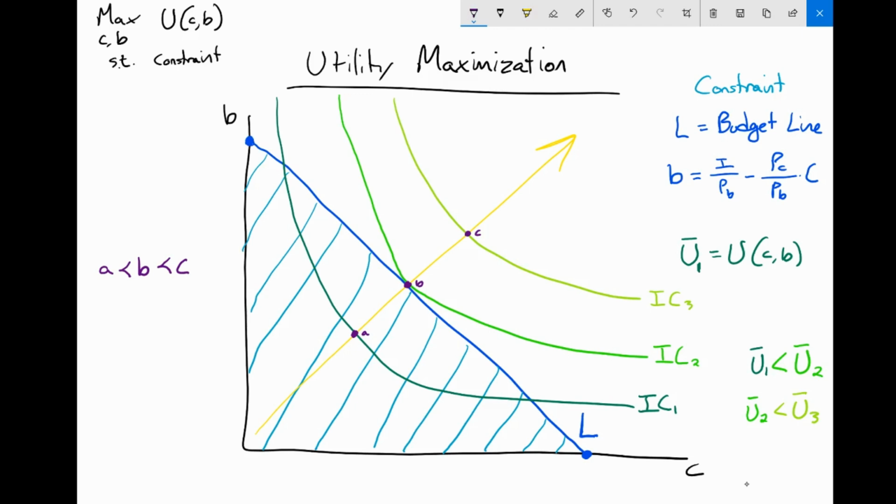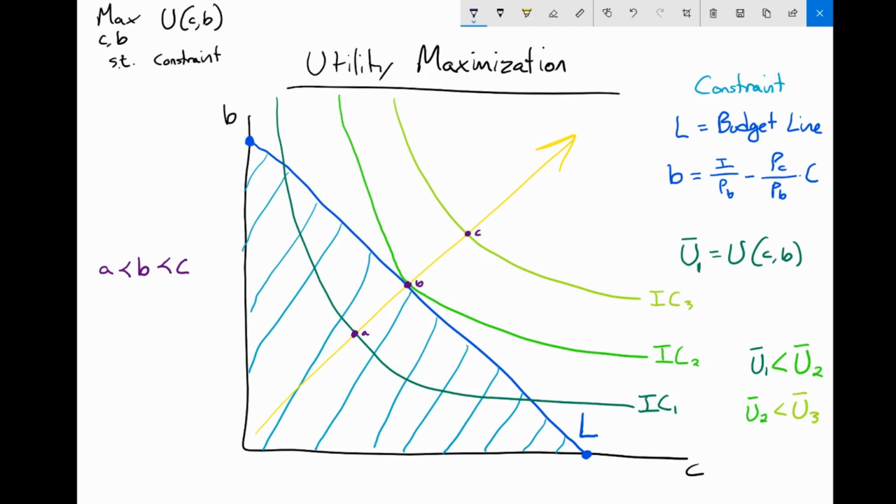They would always prefer bundles that lie farther away from the origin. And so, without a constraint, the agent would consume an infinite number of coffee and bagels, because they will always choose bundles on indifference curves further from the origin.